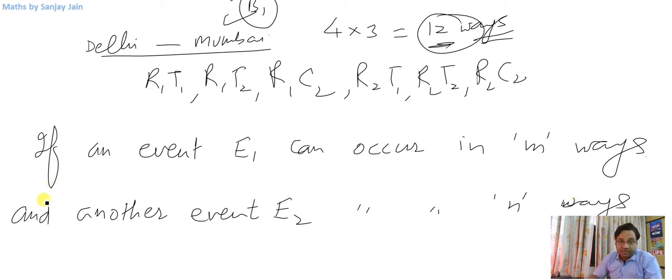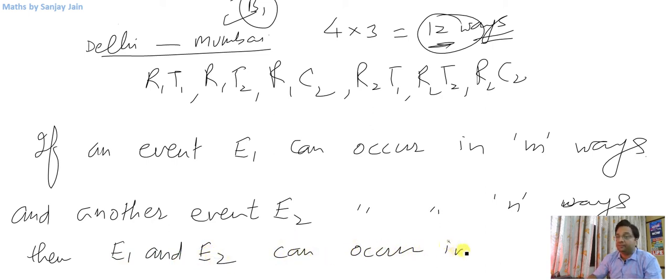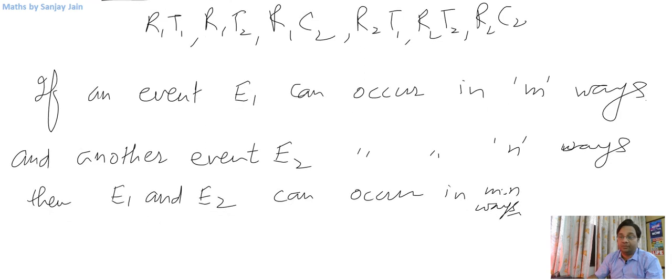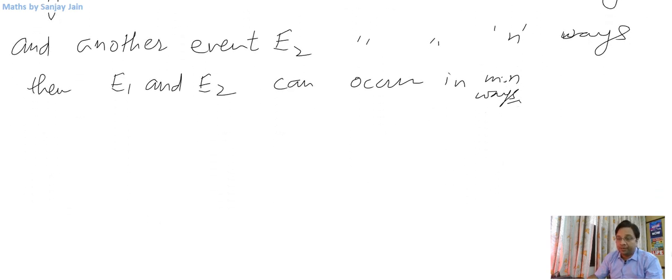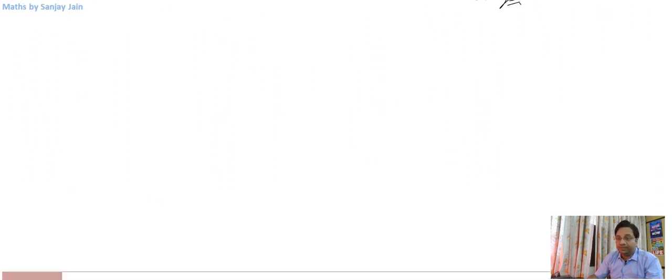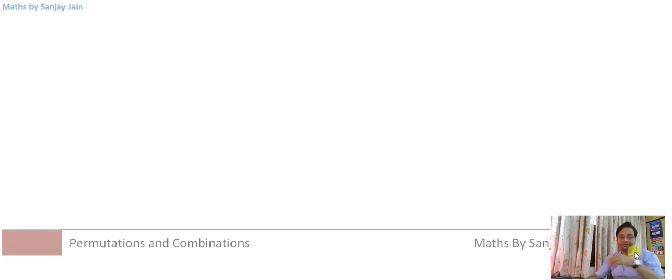But if I say, if an event E1 can occur in m ways, and another event E2 can occur in n ways, then E1 and E2 can occur in m into n ways. This is basically the statement of fundamental principle of counting. Now let us take 2-3 illustrations and you will understand what I am trying to say here.